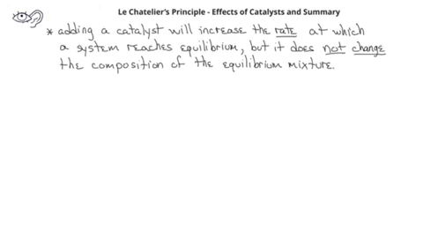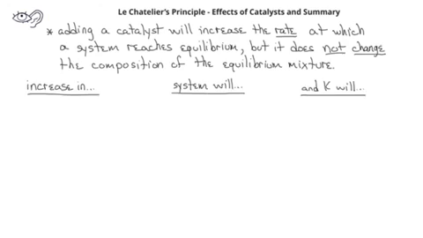Let's take a few minutes to summarize everything we've learned based on Le Chatelier's principle. We'll look at an increase in the reactant concentration, the pressure, or temperature. We'll predict which way the system will shift, and also what the effect on the value of the equilibrium constant will be.